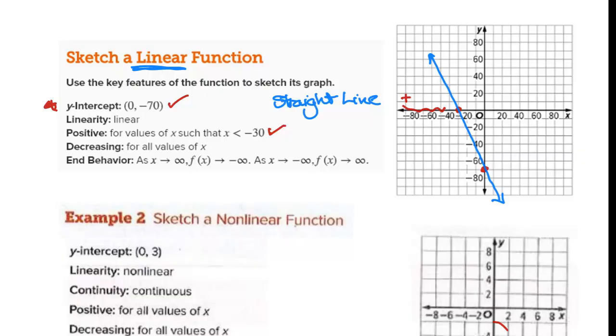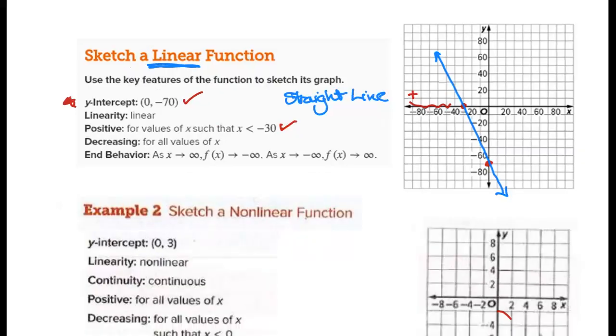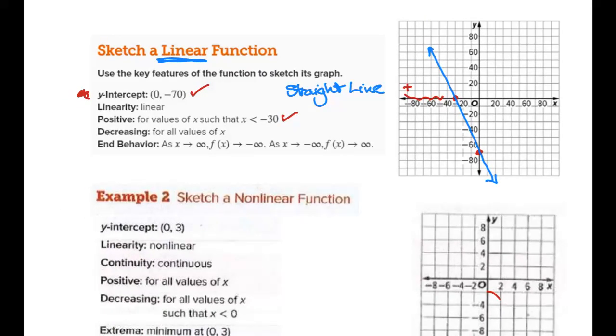Okay, so just check as we're looking at it, okay? Decreasing for all values of x. So as we go larger in x, all those values are decreasing. That's true. As x is approaching positive infinity, so as we're going this way, does my graph go to negative infinity?